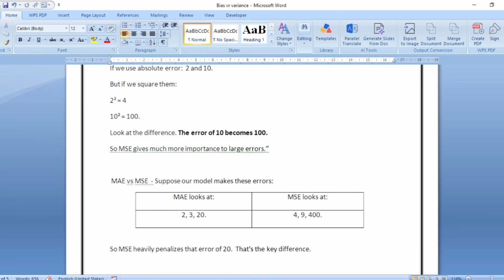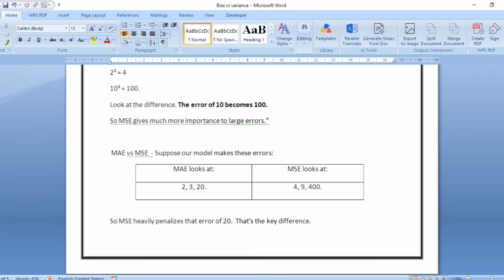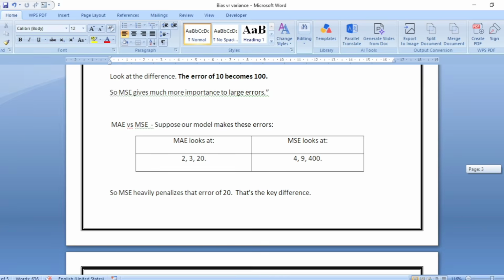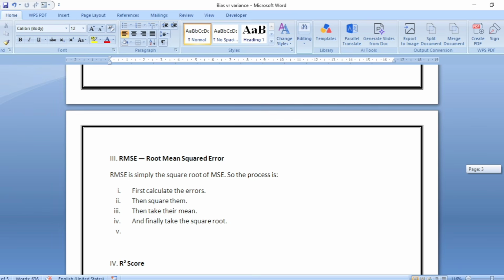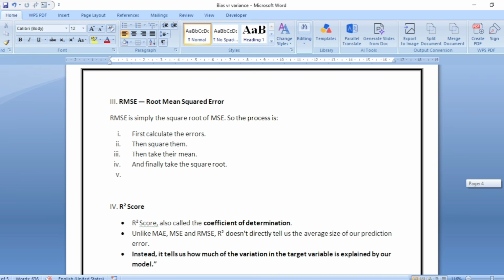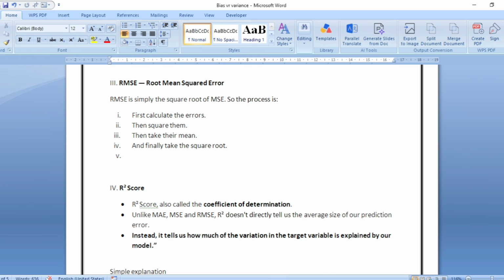So it heavily penalizes that error of 20. That's the key difference. MAE treats errors more linearly, while mean squared error gives more weight to the large errors. I hope you understand. Let's move on to the third evaluation metric, root mean squared error.